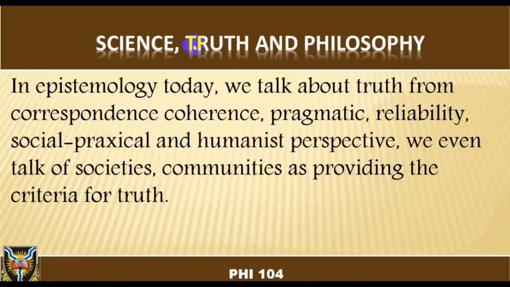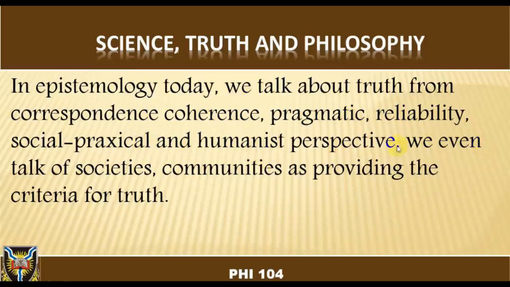It is a belief among scientists that their method reveals truth, whereas the question of the constituent of truth is a contestable one. Many have talked about truth from different perspectives. In epistemology today, we talk about truth from correspondence, coherence, pragmatic, reliability, social, practical, and humanist perspectives.